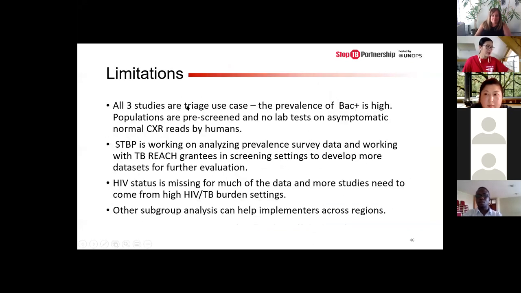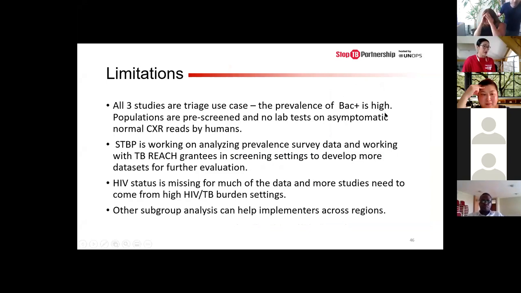Obviously there are always limitations in any study. In all three sites, we used triage cases, so there's always a pre-screening happening, and we don't know how the test performs in asymptomatic patients.